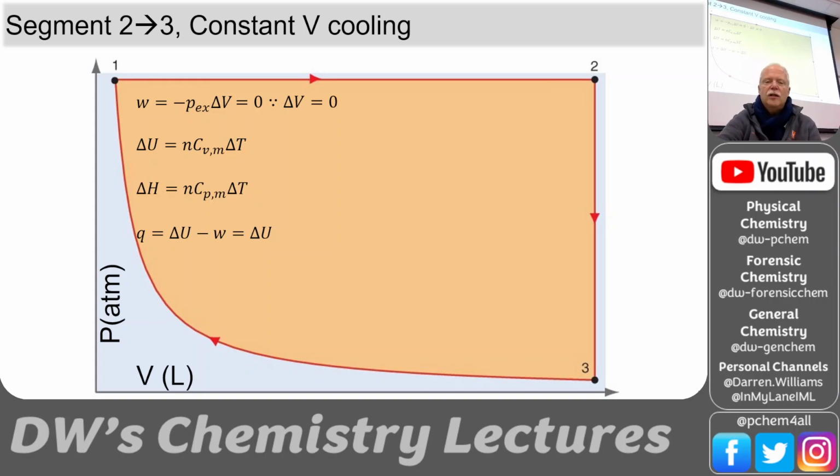And since there's no work done, then down here, the heat is equal to the delta U, because W is 0. So here's the calculation for the delta U. Here we're using CV, 3/2 R. And it's important to pay attention to the delta T here, because it's final minus initial.